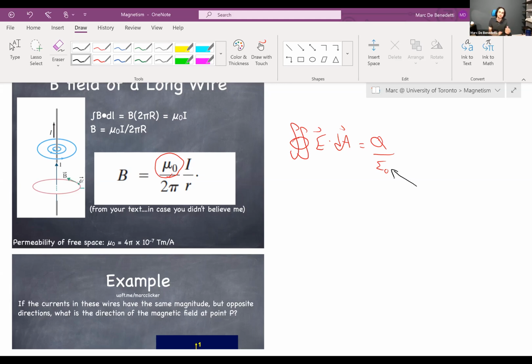Well, now that we have a different field, a magnetic field, mu naught is called the permeability of free space. Permittivity, permeability, I know they sound very similar. I don't really care about the actual English word, as long as you understand what the symbol represents. Mu naught is analogous to epsilon naught, but for the magnetic field instead of the electric field.